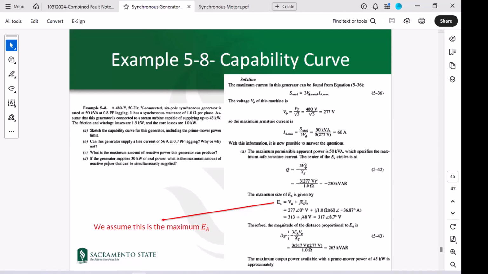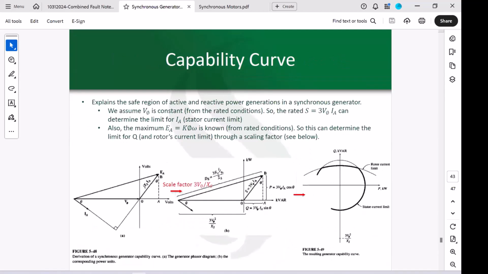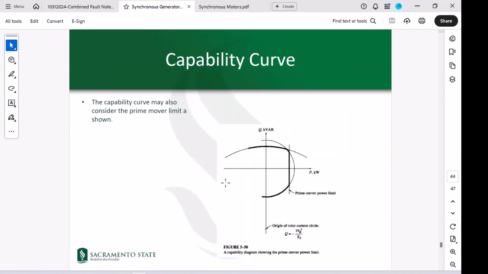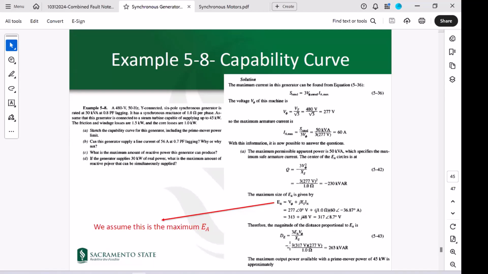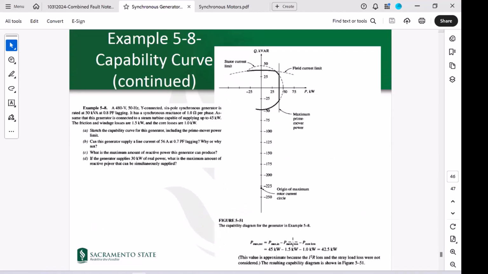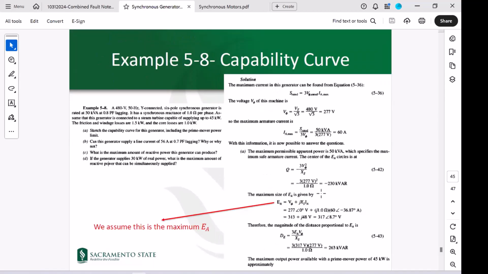Therefore, you find the magnitude of DE, 3 times V phi over XS. So this basically gives you 263. So we found the origin point, the center, minus 230. And its radius is 263.